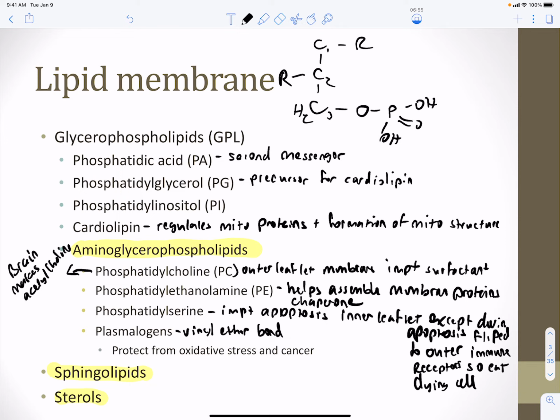This vinyl ether bond is highly susceptible to oxidation. And so it protects the other fats. It's going to protect the other polyunsaturated fatty acids. And one of the important ones that it protects is going to be our essential fatty acid, arachidonic acid, which is in our second position.